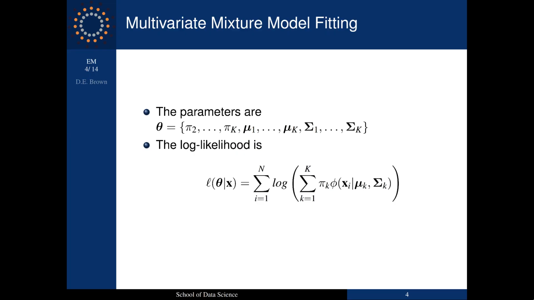We do that by summing over the k components. It's that log of the sum that makes it something we can't maximize very easily, which is why we need the expectation maximization algorithm.